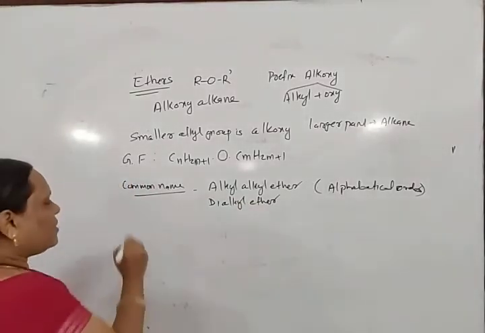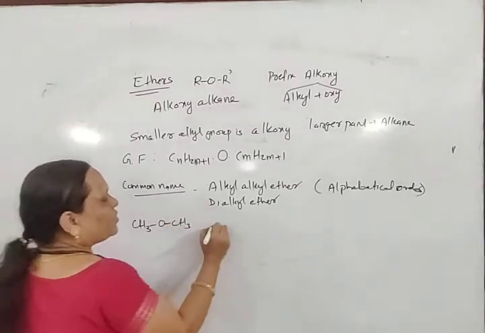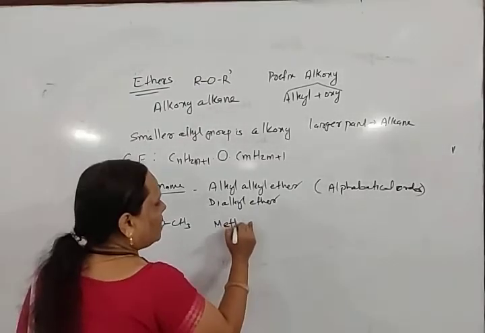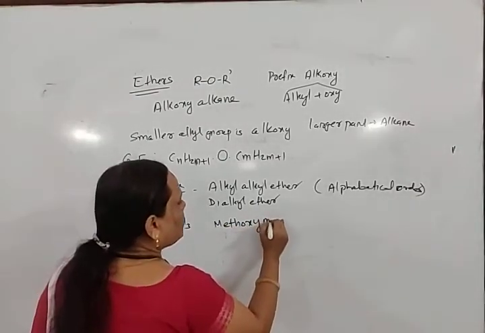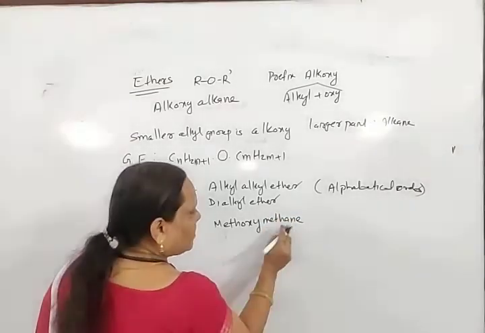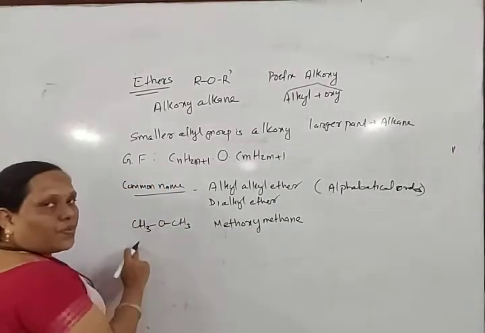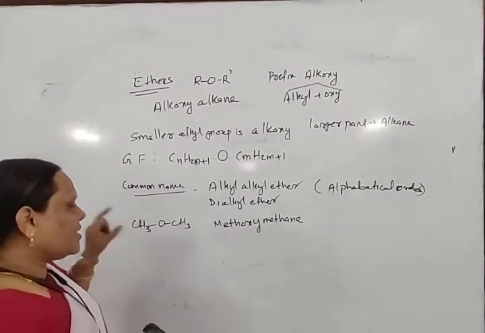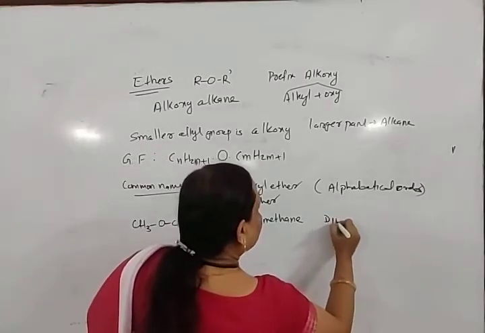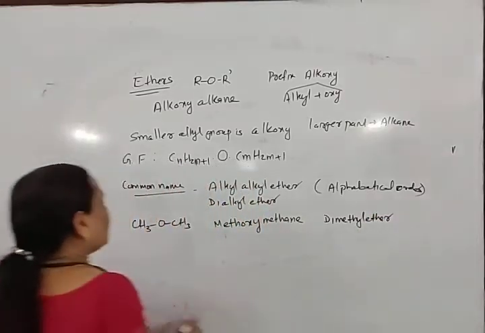In this way, these are named. For example, CH3OCH3. In the IUPAC system, one group is methoxy and the other is the alkane, known as methoxymethane. Here the word meth-ane is for the alkane part, and methoxy group is for CH3O. And the common name is dimethyl ether.